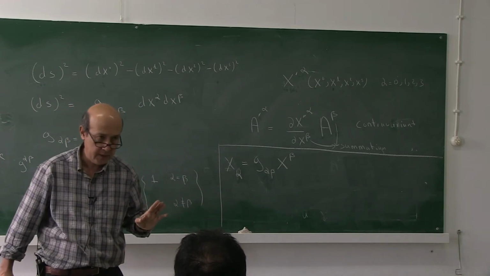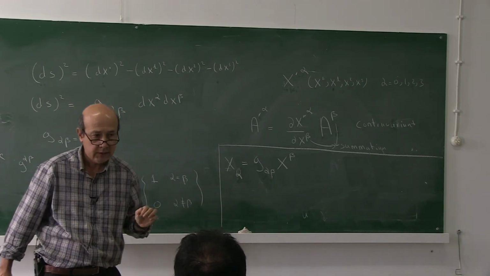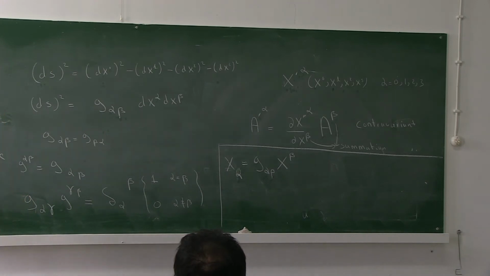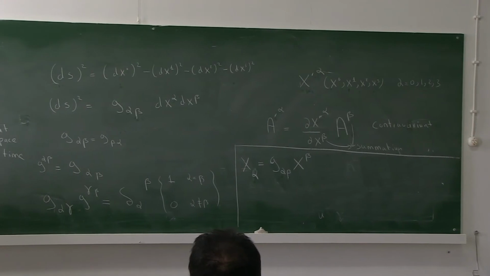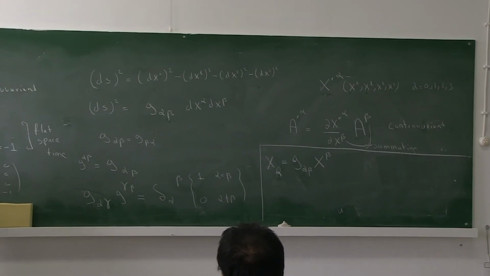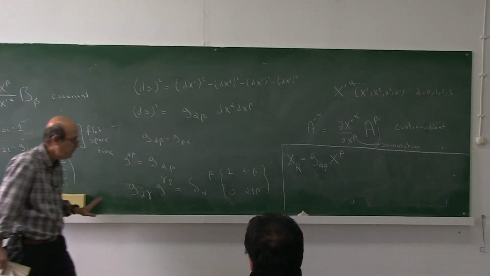In different conventions, they use the same metric tensor, but the convention is the following. Instead of writing 3 minus signs, they write 1 minus sign, and they use this as a plus. Okay, I am following your book.